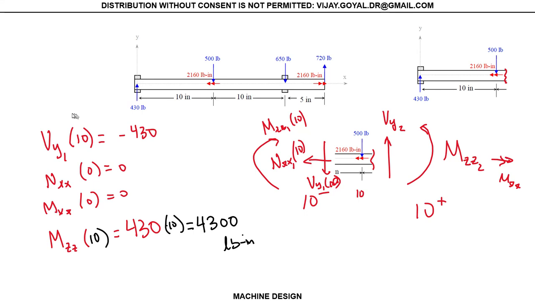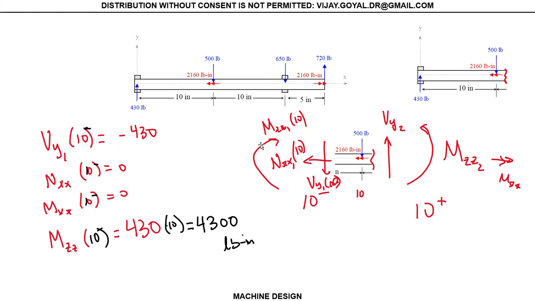So these are the values that happen on the 10 minus. These are the values seen from the left-hand side, not the right-hand side. These are the values I need to find now in order to do all my analysis. Okay.